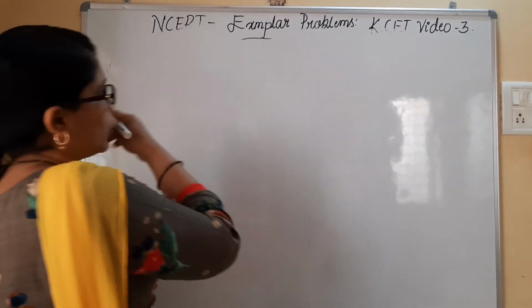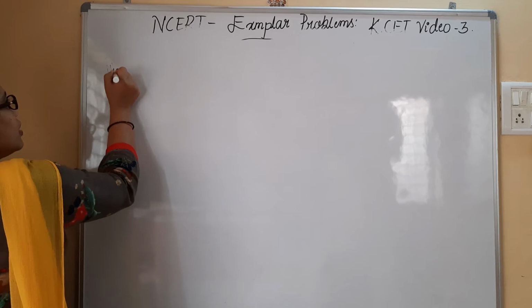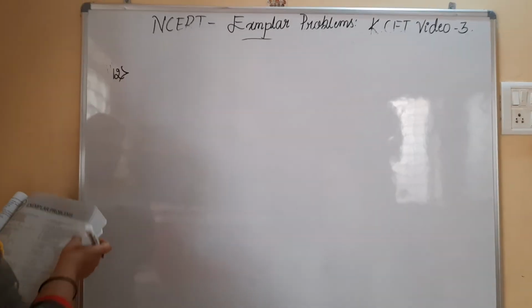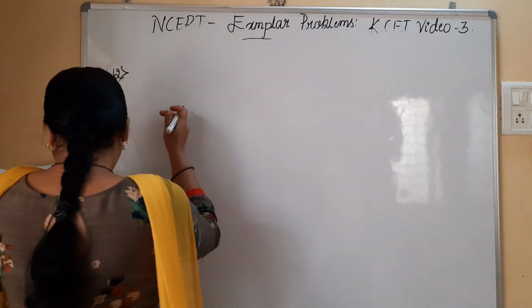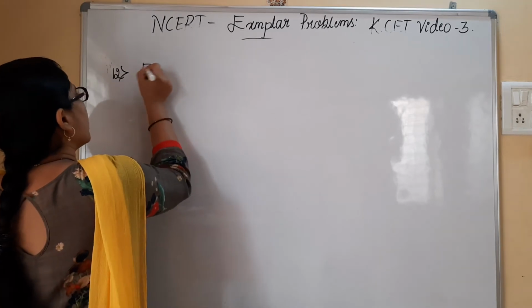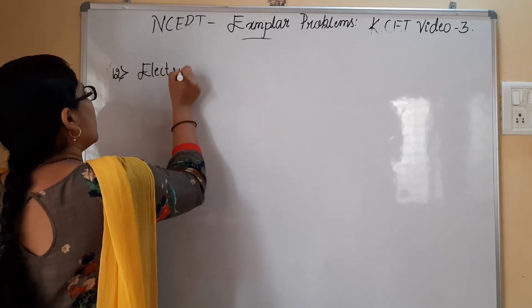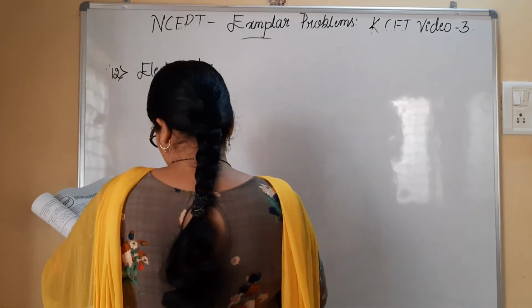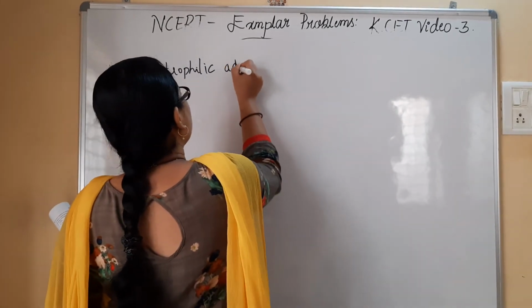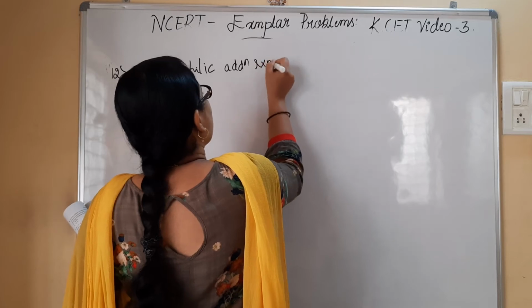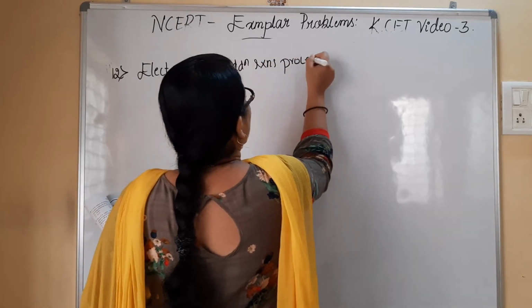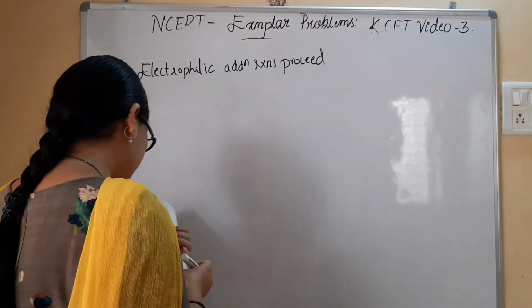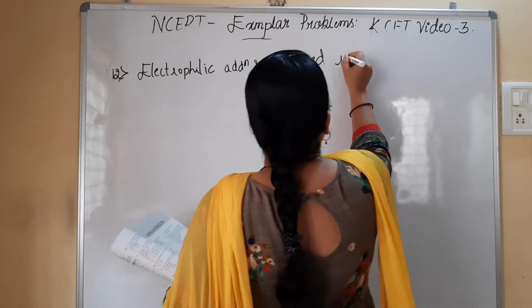So this is considered to be the last question, 12th question, and it will be coming under the exemplar. Last question. Electrophilic addition reactions proceed in two steps.